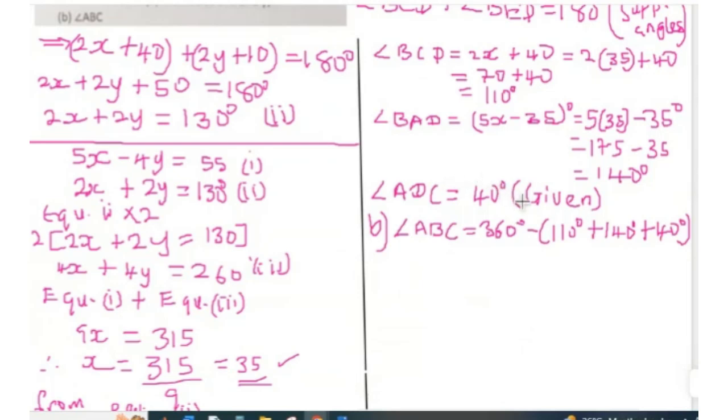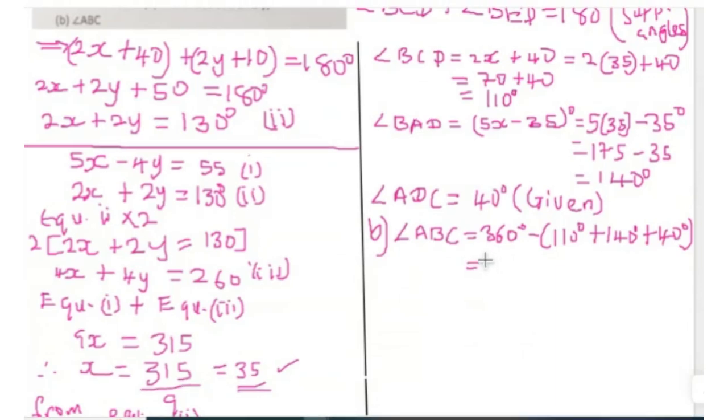So this gives us 360 degrees minus 290 degrees. So the value of angle ABC is 70 degrees.